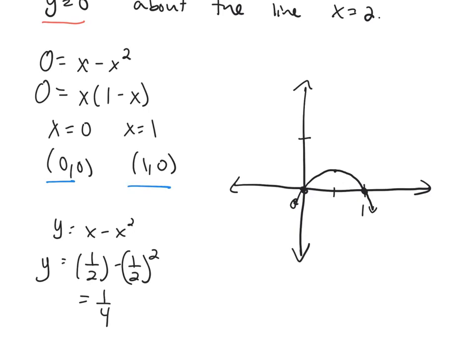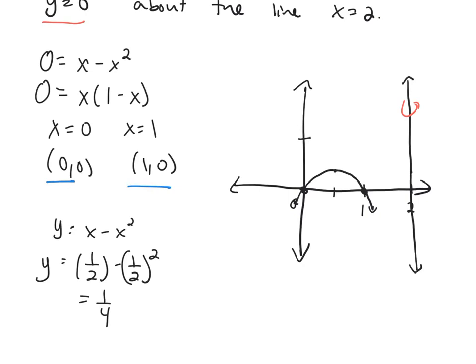What am I rotating about? x equals 2. So let's draw our rotation line now. That's a vertical line, and I want to rotate about that. When we're doing cylindrical shells, remember our strips are parallel to our rotation line.